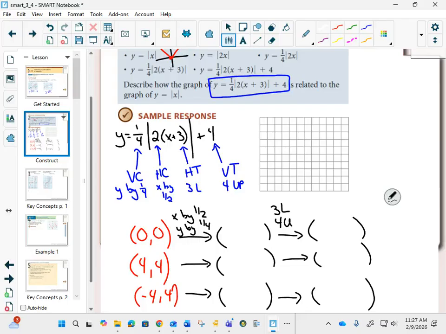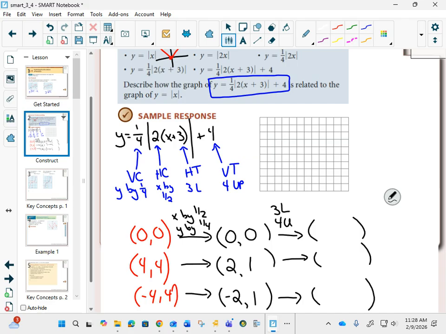The mental math is not hard, but it is easy to make mental math mistakes. So take your time. Like I might do all of my x coordinates here first. X by a half, this will still be 0. This will be 2. This will be minus 2. Then y by a quarter, this will still be 0. This will be 1. And this will be 1.